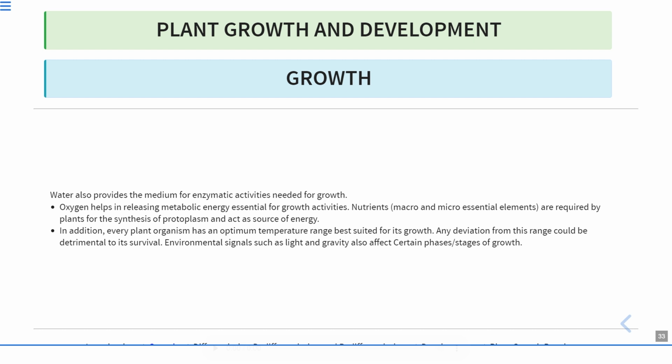Any deviation from this range could be detrimental to its survival.